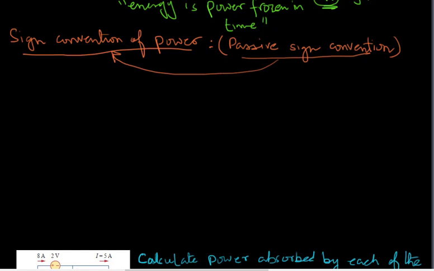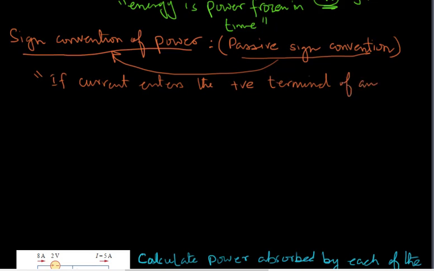What is the sign convention of power? Let me state that very quickly: if current enters the positive terminal of an element, and any element, it could be a resistor, it can be a battery, then we take power as positive and considered to be consumed.